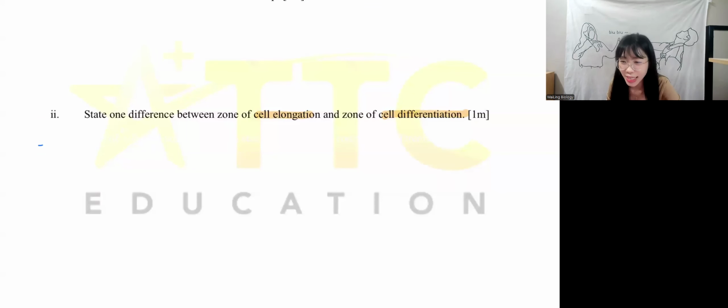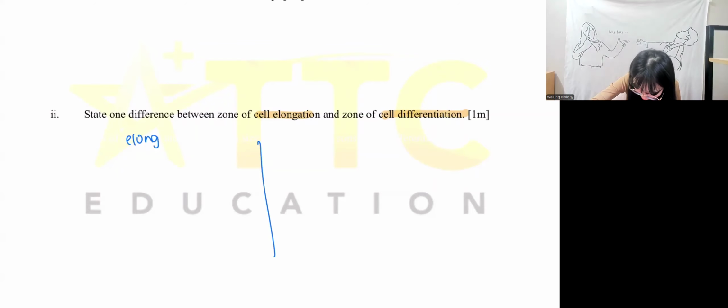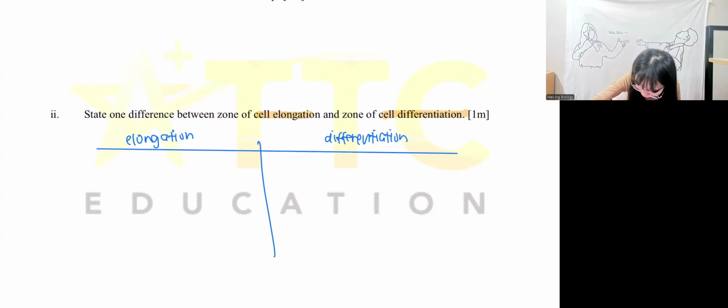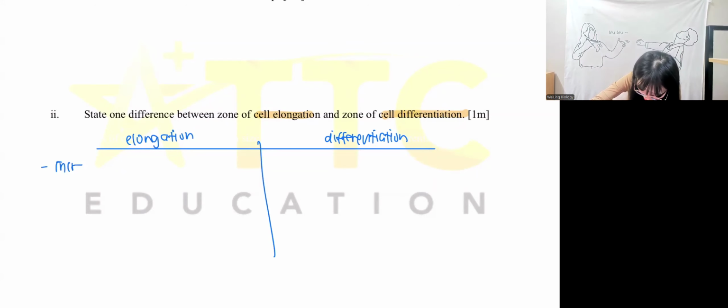What about differentiation? To undergo differentiation process to form into a specialized cell with a specific function. Very good. Okay, so you're going to say cell. And just write in a table, faster. Elongation and differentiation. So for elongation is to increase the size and mass of cell.